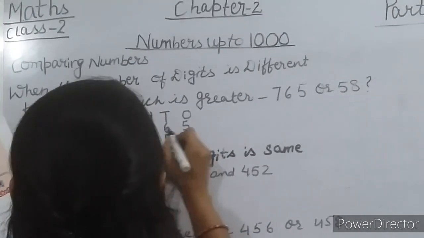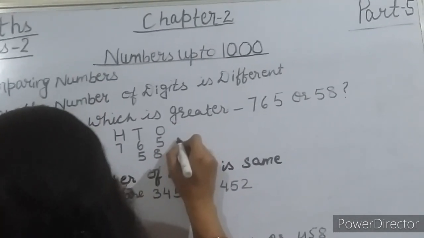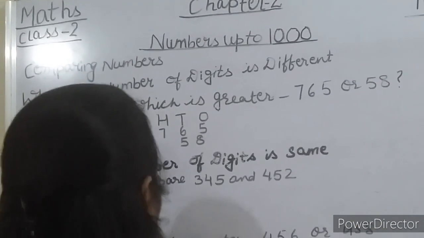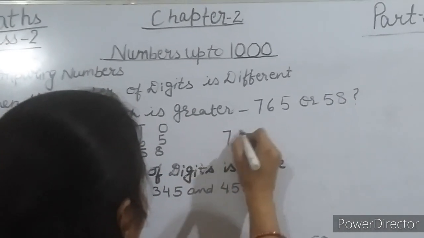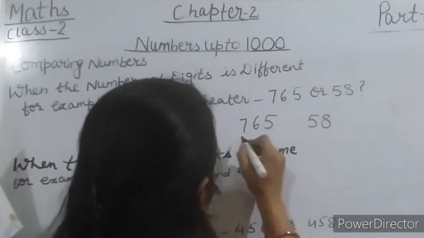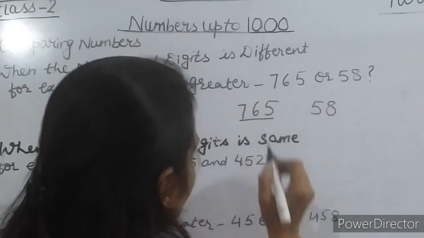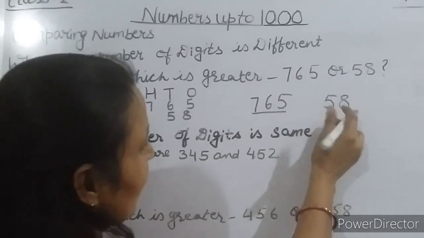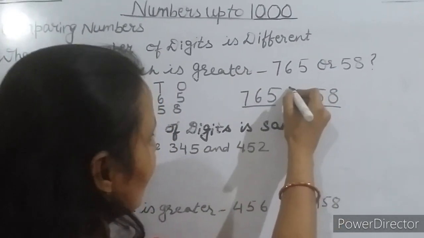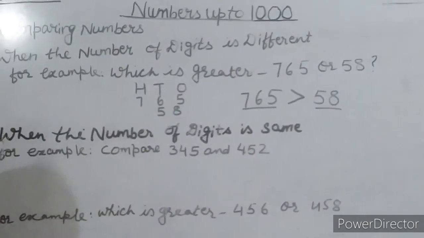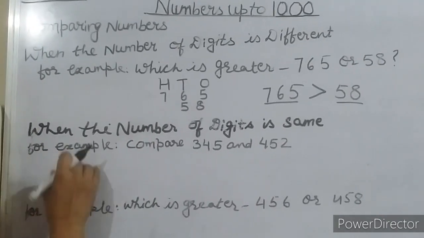As 765 has 3 digits and 58 has 2 digits. So which one is greater? 765 or 58? So obviously 765, because 765 has 3 digits and 58 has 2 digits. So which one is greater? 765. Now students, come to the next.